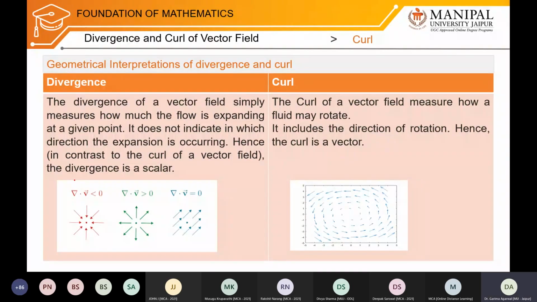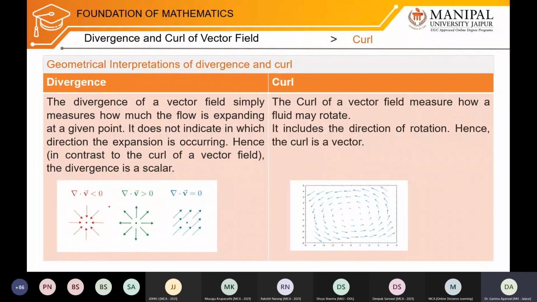Now this is the geometrical representation of divergence and curl. What is the meaning of divergence? Divergence of the vector field simply measures how much the flow is expanding at a given point. It does not indicate in which direction the expansion is occurring.